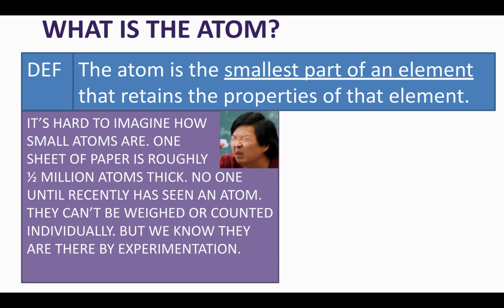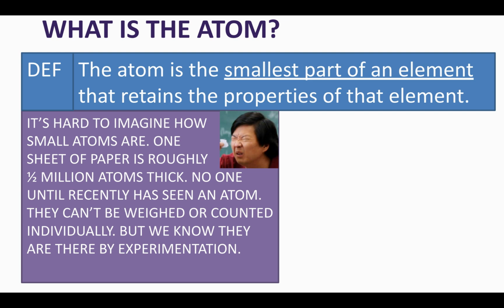So an atom, we can't see atoms with our own eyes, they're just too small. So we have to use very strong microscopes, which we call electron microscopes, to be able to see the atom.